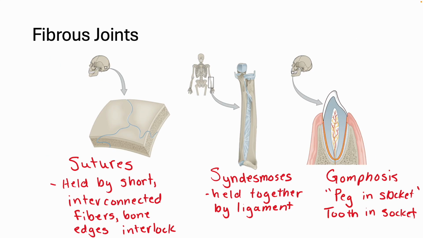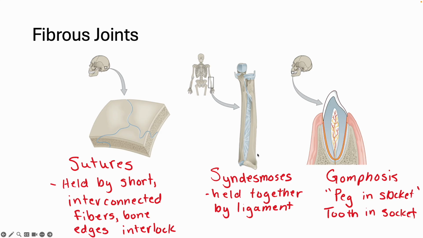So with the fibrous joints, we have sutures. These are going to be held by short interconnected fibers where the bone edges interlock. So again, these are going to be like your cranial sutures, which are going to be immovable. You have syndesmosis which are held together by ligaments.